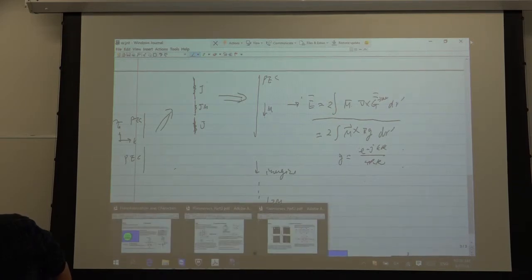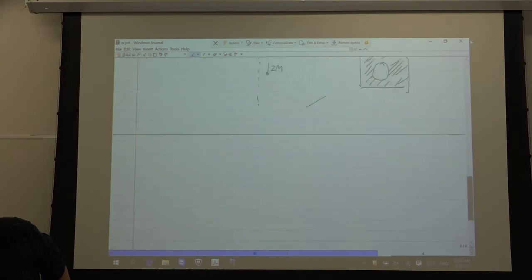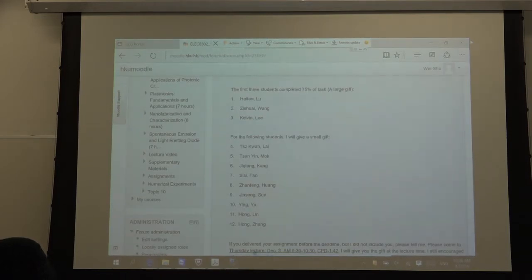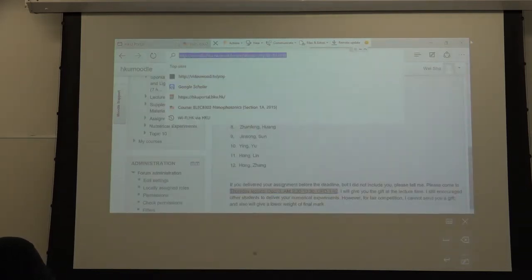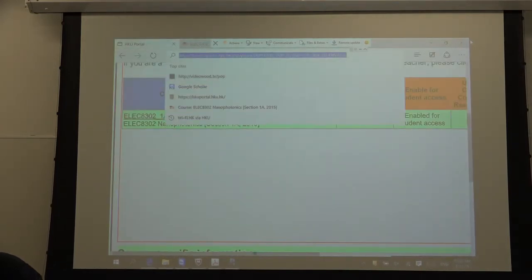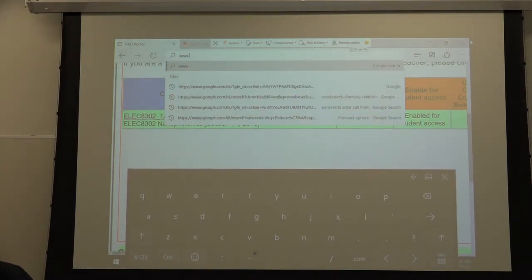When you solve this problem for a circle, a screen with a circular aperture, you find an interesting phenomenon. I just use Wikipedia, it's better. We call it the Airy plane, the Airy disk.